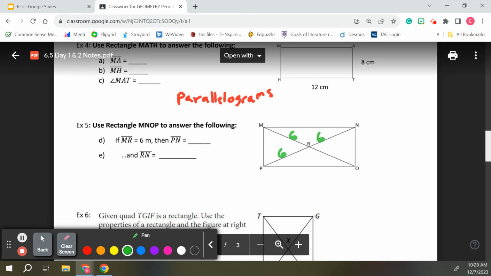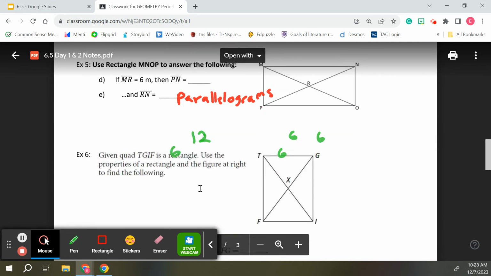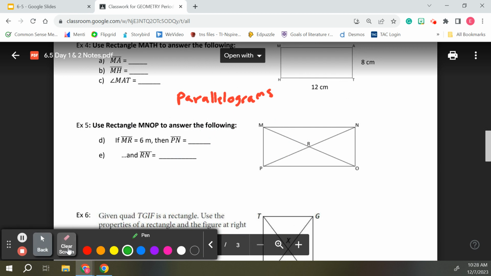So PN ends up being 12. And then they're saying RN, it's 6. We already know. Questions on that one? I'm sorry, this keeps dragging, guys.